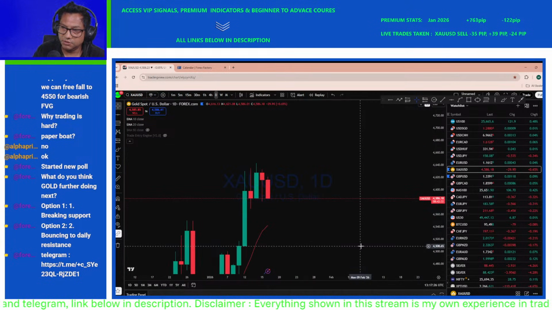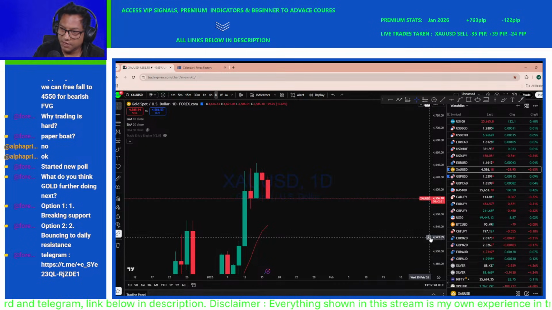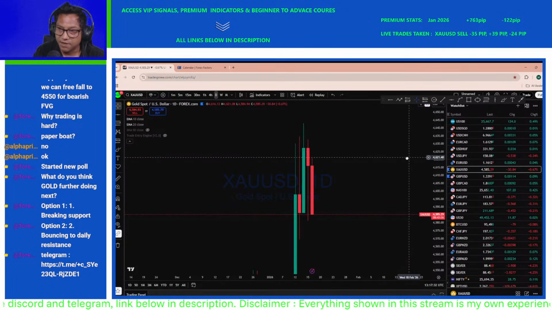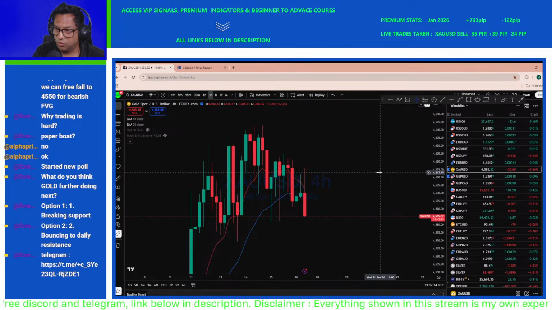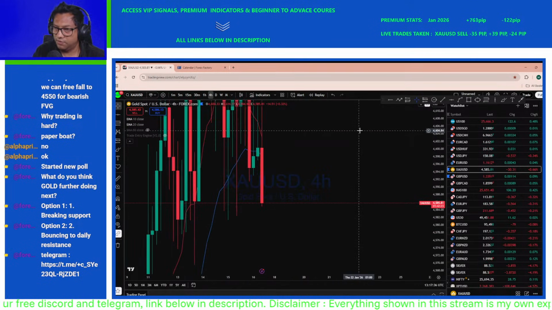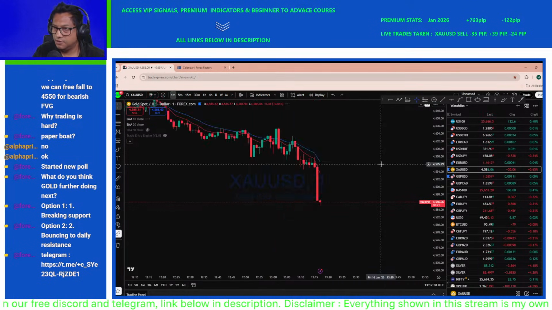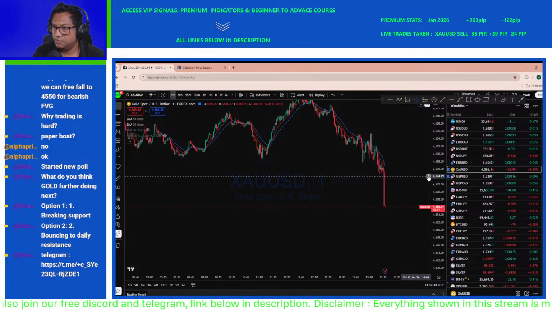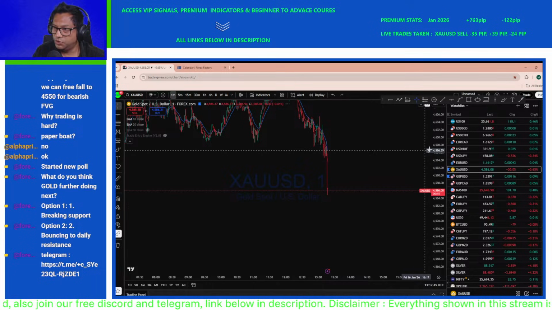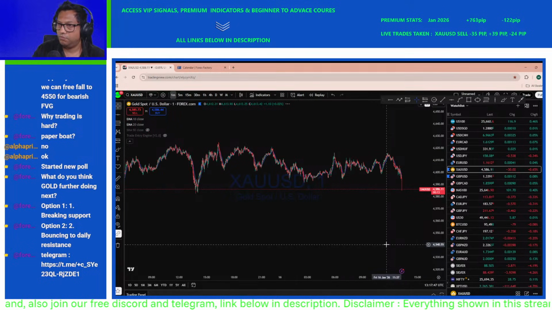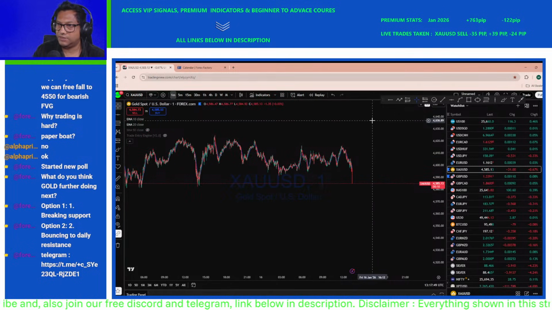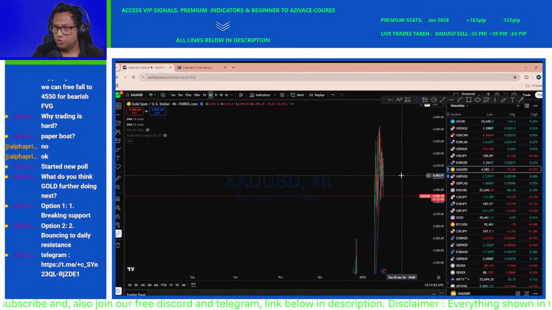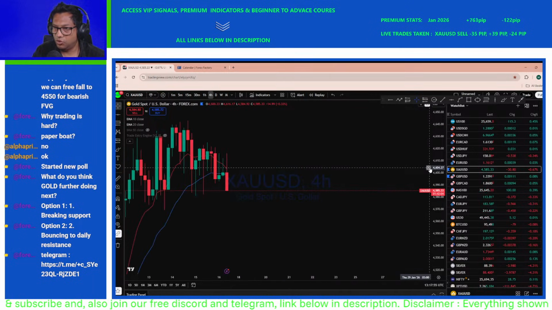Okay, so as we looked at, the market has just broken the daily low and eventually come back below the support level. It's a weekend move, so there is an extended consolidation that we have seen over the few days.